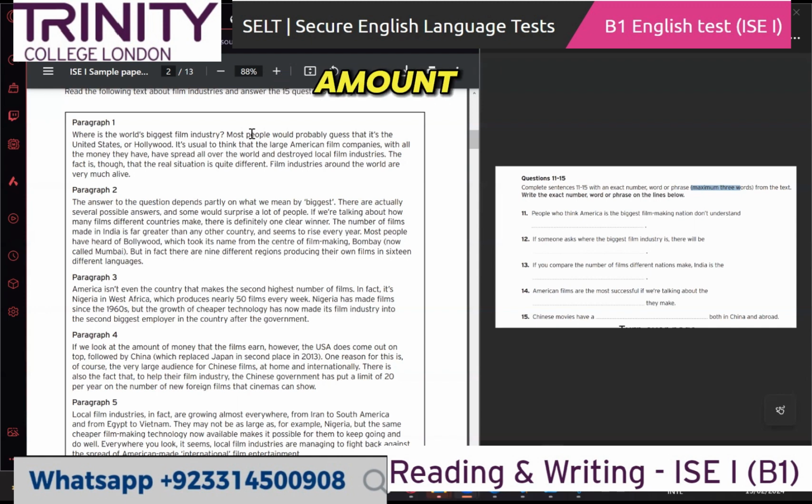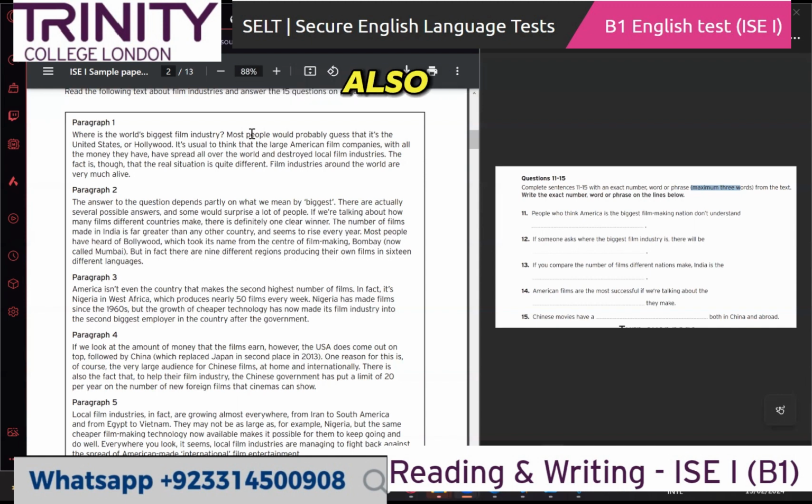If we look at the amount of money that was spent on films, however, the US does come out on top, followed by China, which replaced Japan in second place in 2013. One of the reasons is of course that there is a very large audience for Chinese films at home and internationally.